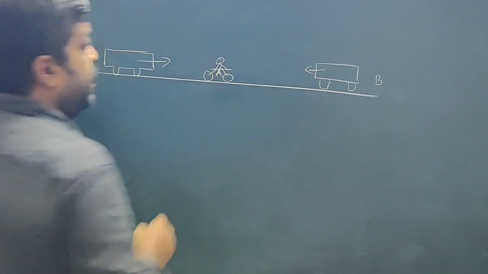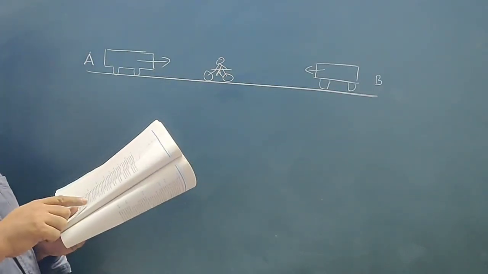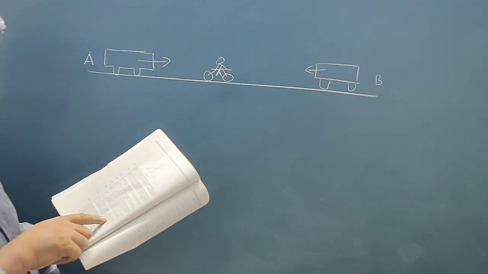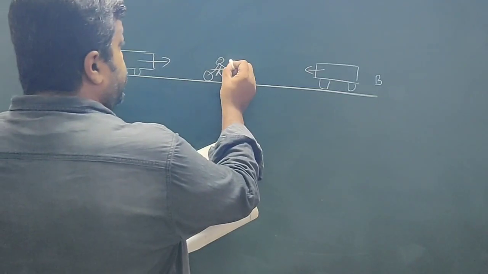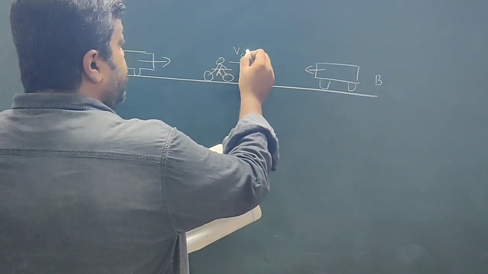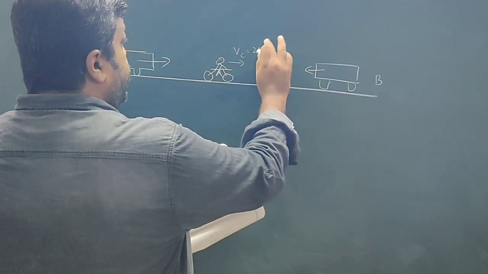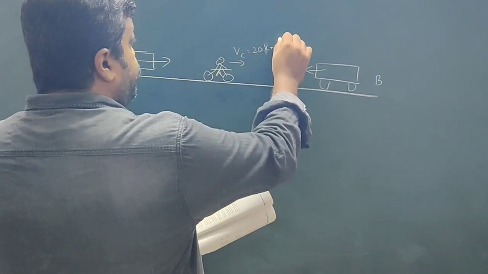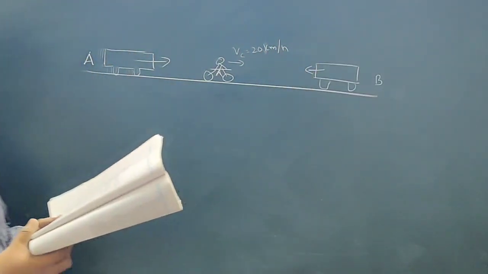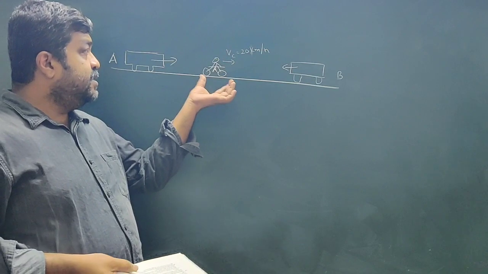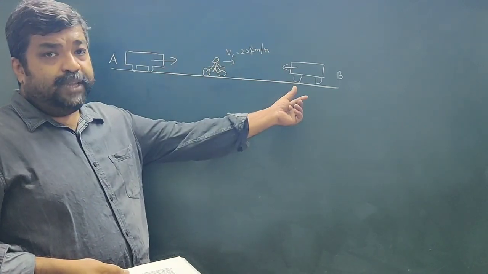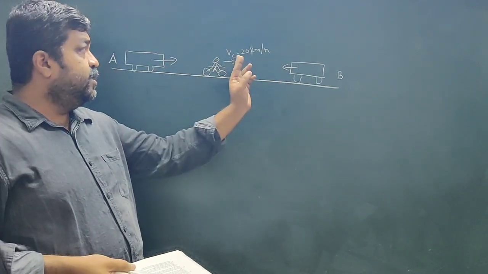Suppose this is the man. He is traveling on a cycle and his speed is 20 km per hour. So the velocity of the cyclist is 20 km per hour. This is given. Now this cyclist is traveling from A to B.